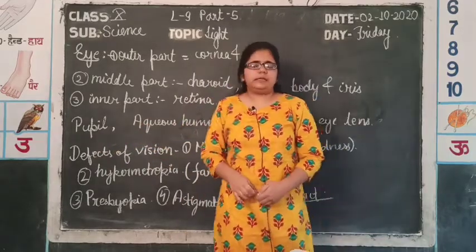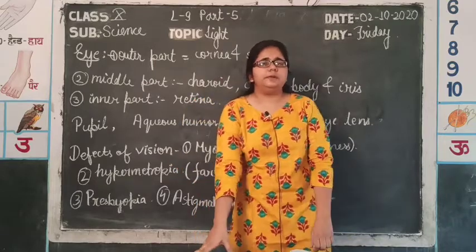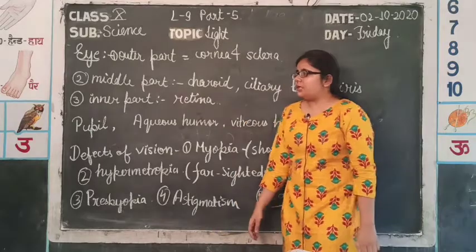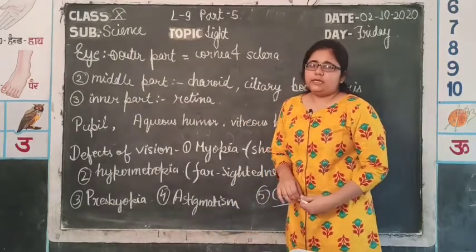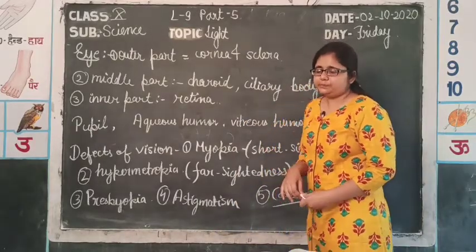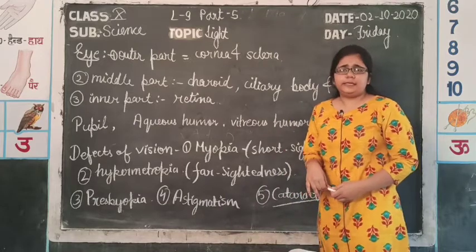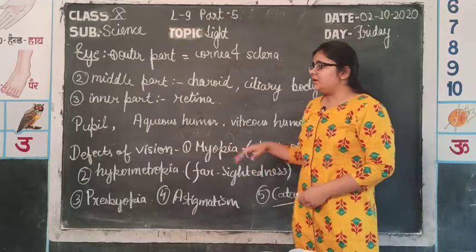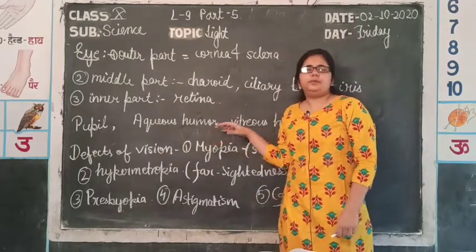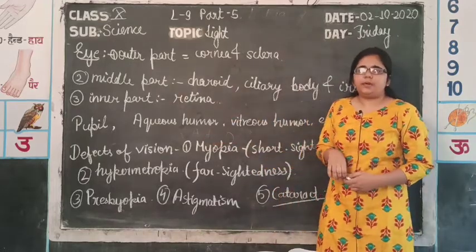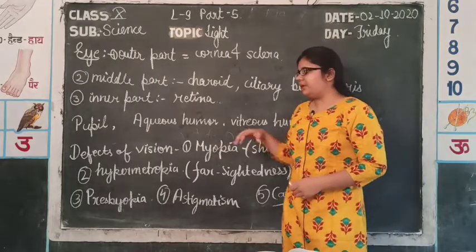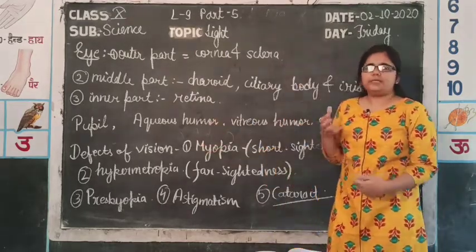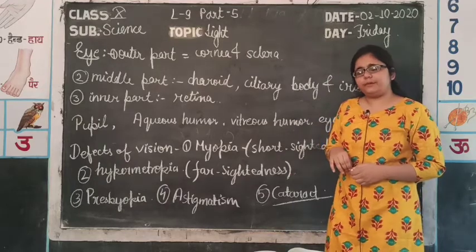Sometimes it is said that we should not look at the solar eclipse directly. Why? Because at the time of a solar eclipse, the sun is covered by the moon. At that time the intensity of light is very low. So due to the dim light, the pupil dilates, and due to the dilation of the pupil, the maximum amount of light enters the eye.